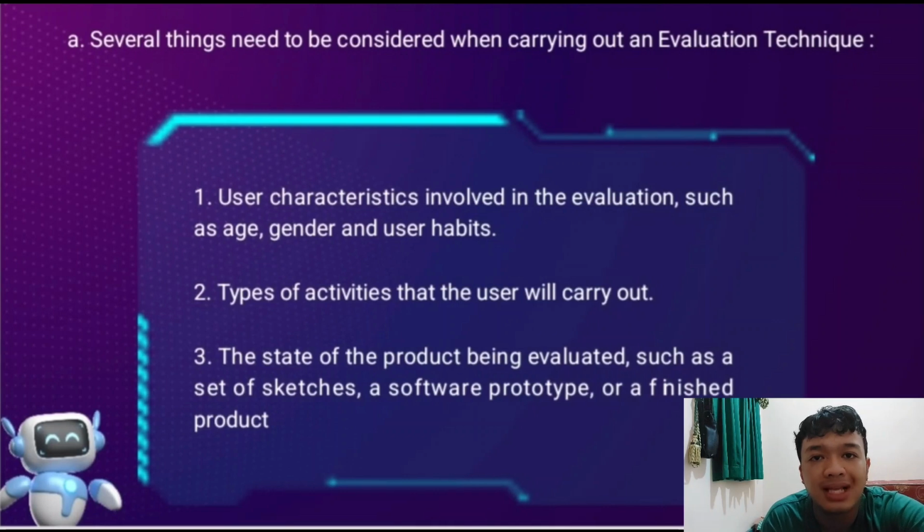The type of activities is also influenced by the environment in which the user interacts with the product. For example, using an application in a noisy environment or in an emergency situation may require a simpler, more responsive design.